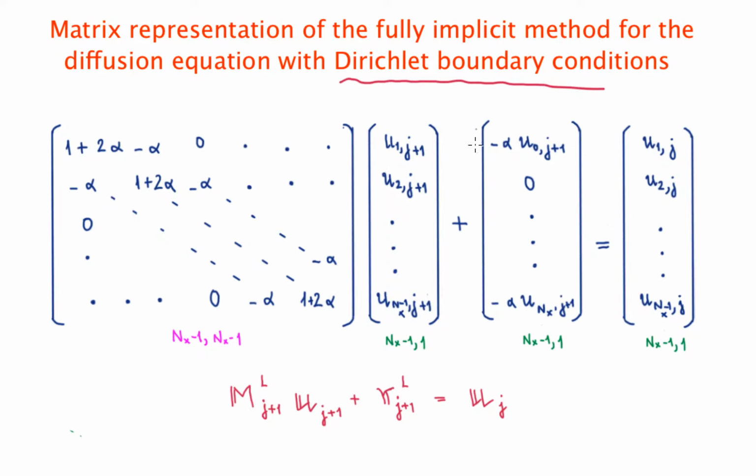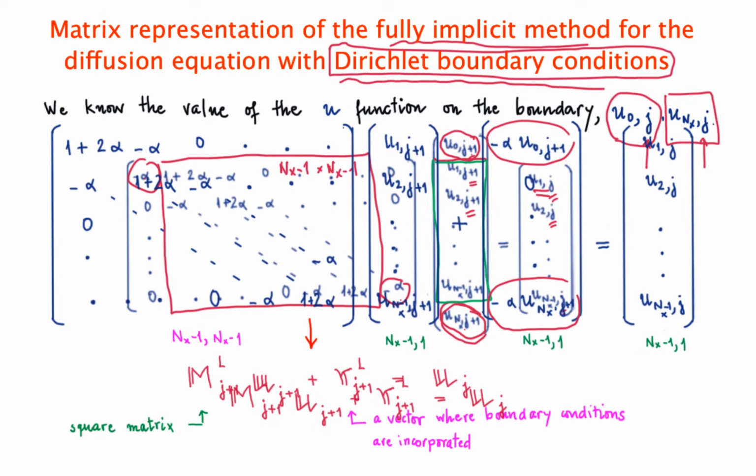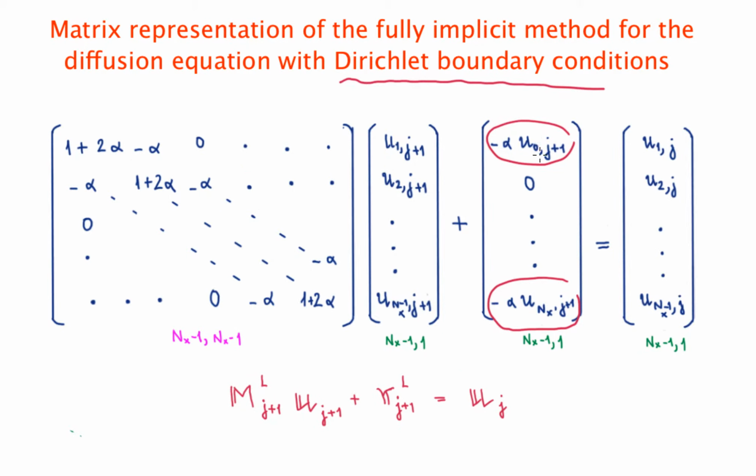And besides that, we also have to include these two other contributions, which were missing when we were just considering the square matrix, but are there when we consider the full matrix elements. The interesting part is that these two are not unknown. They are just two known functions, or even numbers, depending on whether they change with time or not.